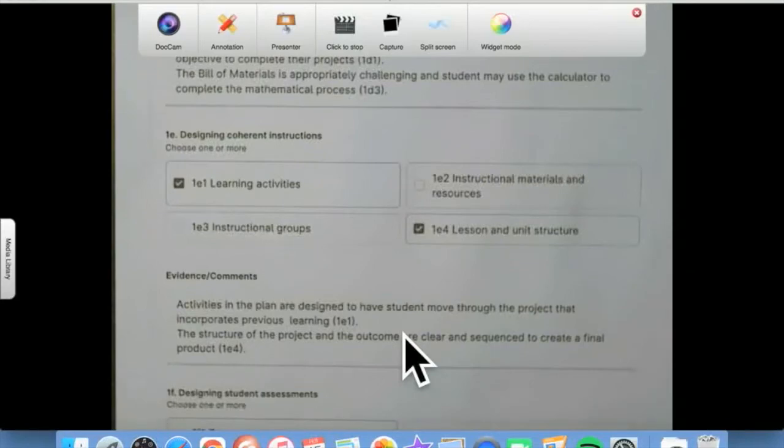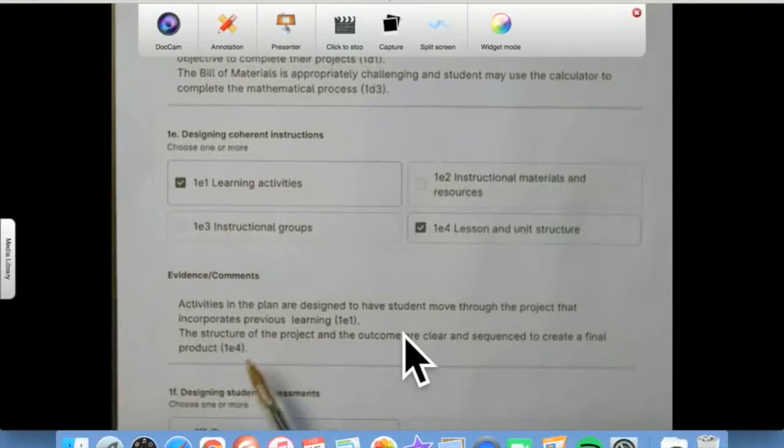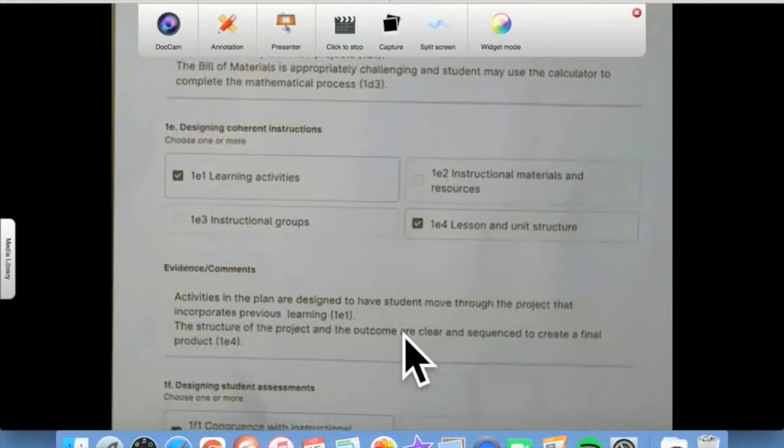So activities in the plan, they're designed to move the student through the project and process, okay, to incorporate the previous learning. Right? That's the whole basis of a capstone, self-explanatory. Right? The structure of the project and the outcome are clear and sequenced. Okay? It means things go in an order and it's a clear order, right, to create that final product.